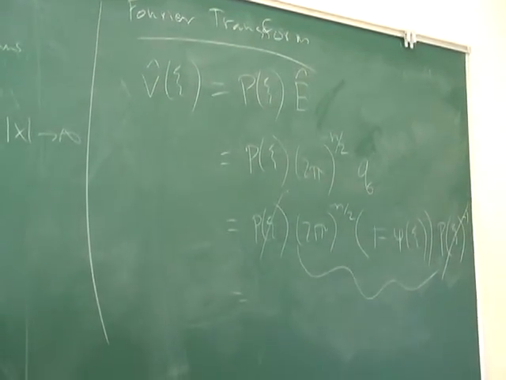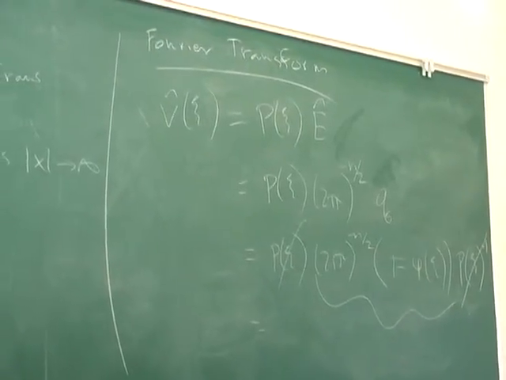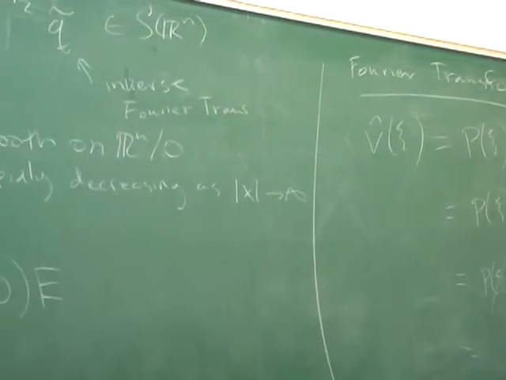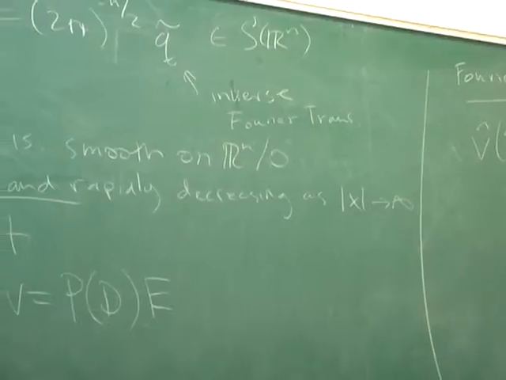So singular support, okay, so then the smallest set. Singular support of F equals K. What is K?